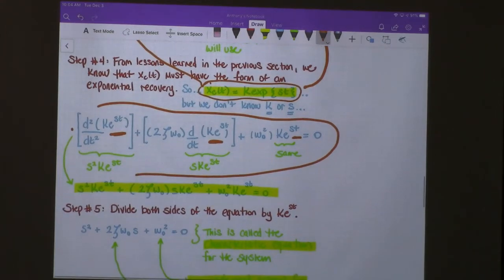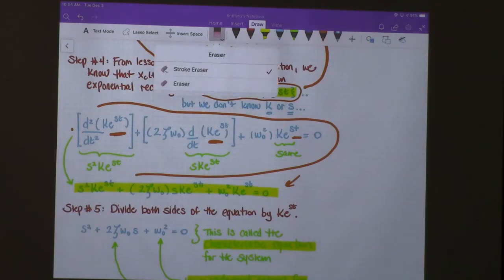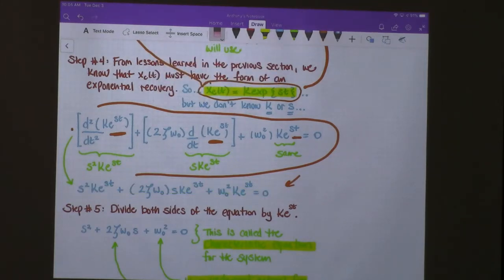So let's take a look at this equation for a second. It's equal to 0. So that means we can divide or multiply by anything that we want to. All three of these added components, they are all multiplied by K e to the st, right?